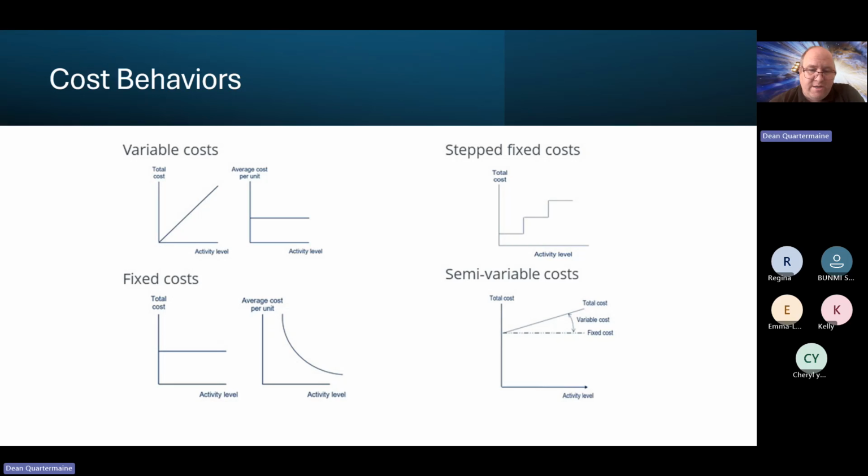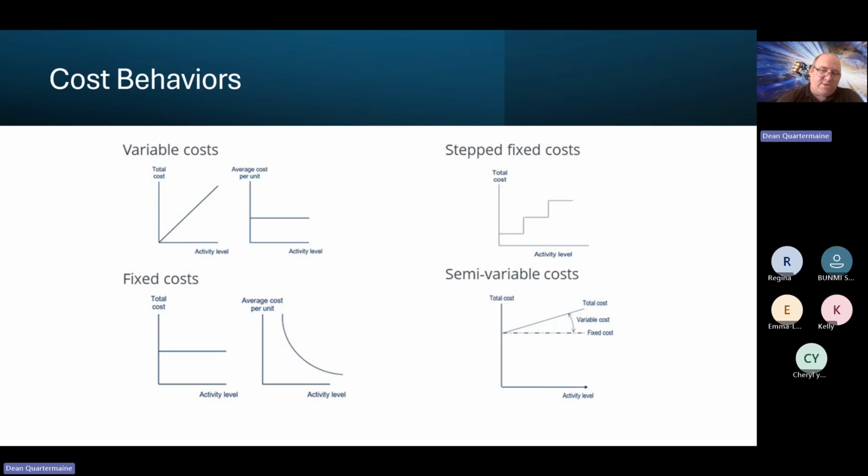However, what we see is this sloping downwards curve for the average cost per unit. If we do 1 unit, the average cost would be £50,000. If you did 1,000 units, the cost would be £50 a unit.